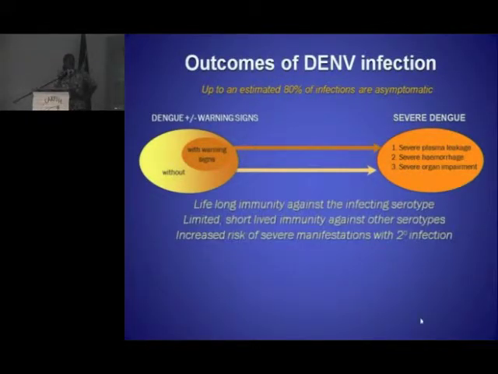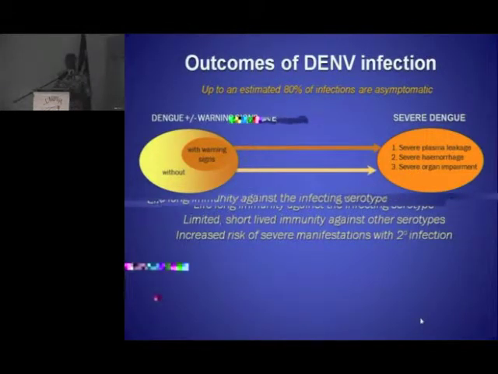Now, upon infection with any one of the serotypes, a person will be immune to that serotype for the rest of their life, and you'll have limited but short-term immunity to other serotypes. However, that doesn't last, and infection with other serotypes is possible, and as we are familiar with, there's an increased risk of severe manifestations with secondary infections.